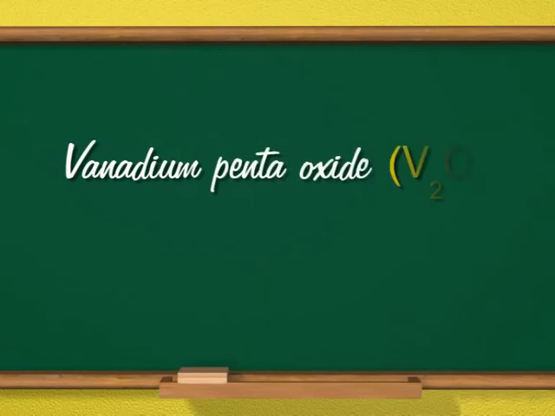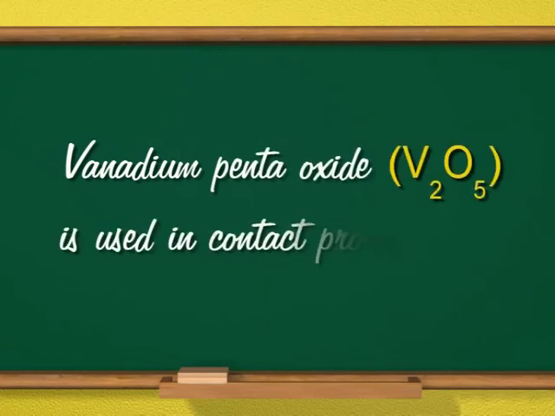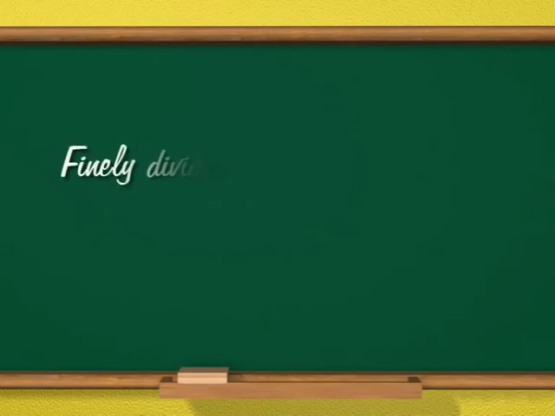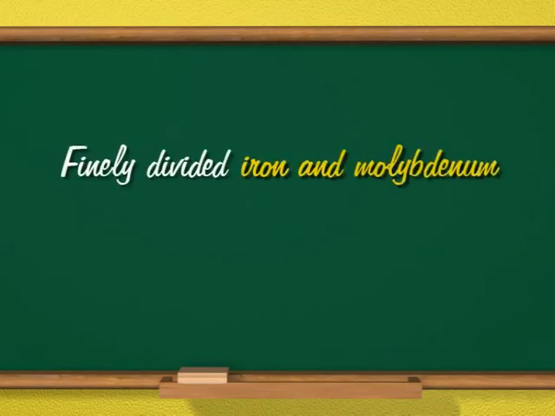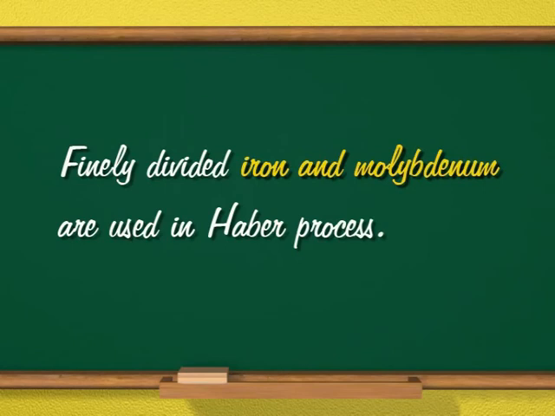Vanadium pentaoxide or V2O5 is used in contact process for the manufacture of sulfuric acid. Finely divided iron and molybdenum are used in Haber process for the manufacture of ammonia.